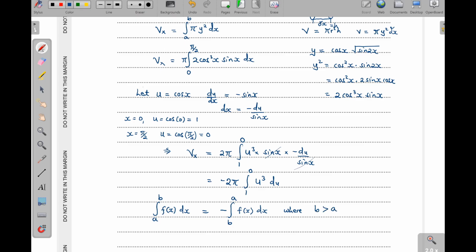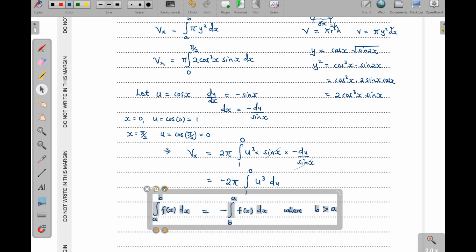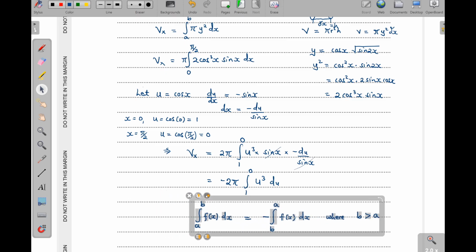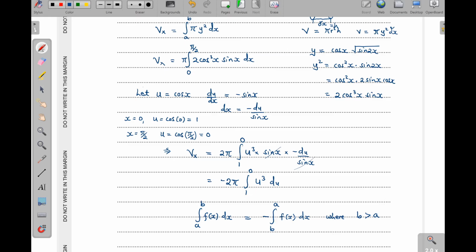Very important. So this one here, I'll need this kind of reasoning here. Let me keep it there. I'll need this one here.